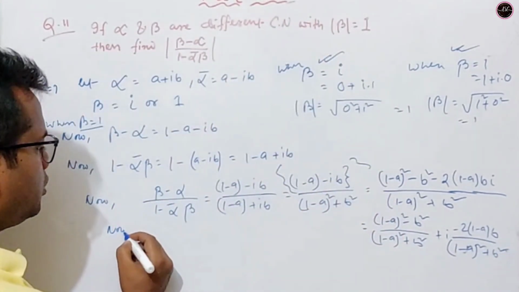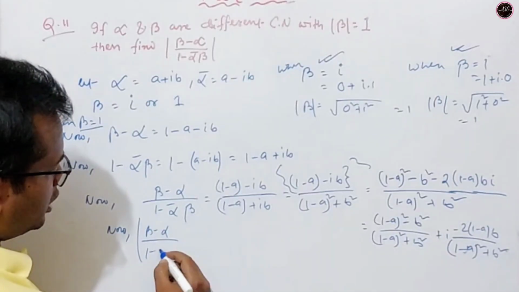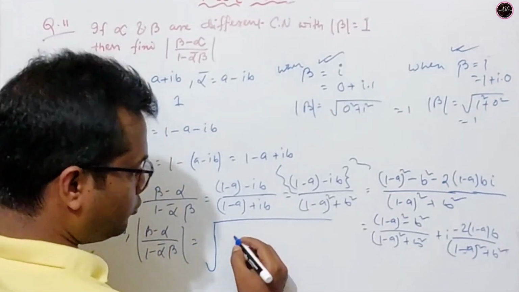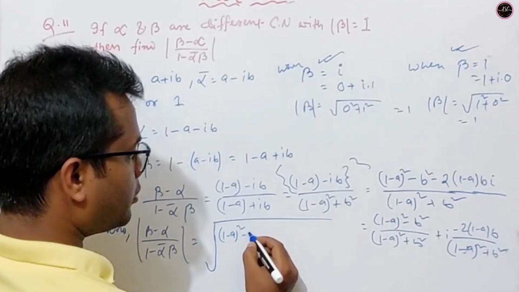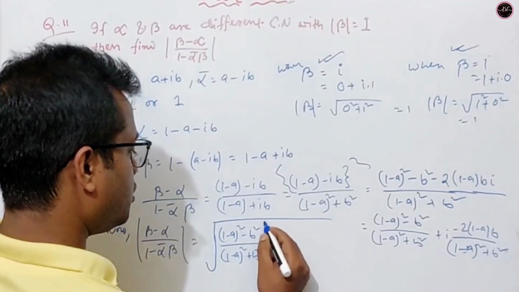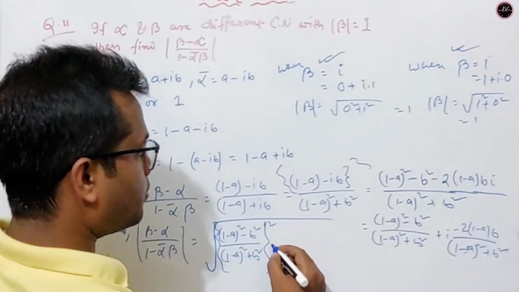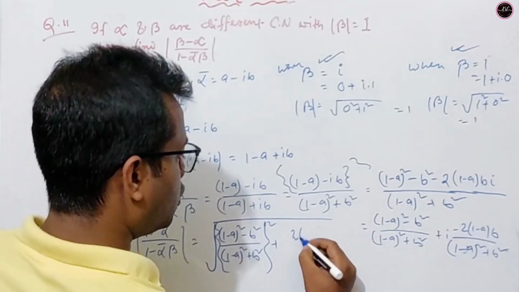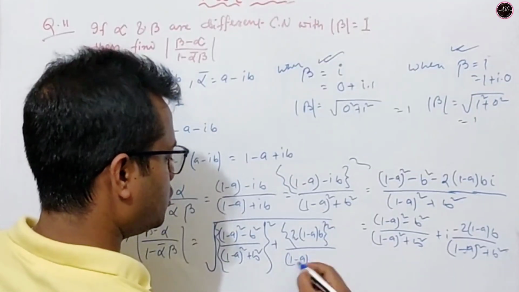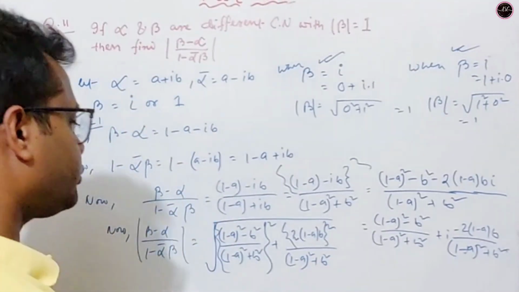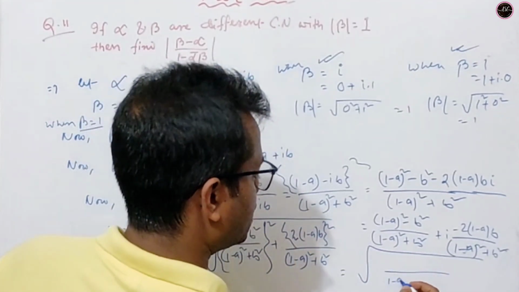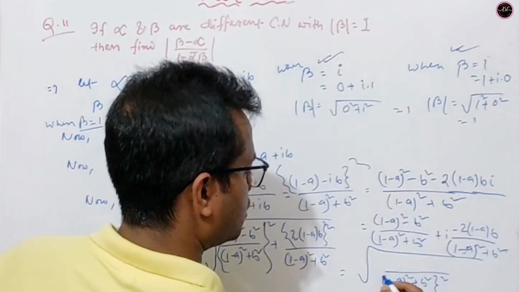Now the mod of (beta minus alpha) divided by (1 minus alpha bar beta) equal to the square root of [((1 minus a) whole square minus b square) divided by ((1 minus a) whole square plus b square)] whole square, plus [2(1 minus a) b divided by ((1 minus a) whole square plus b square)] whole square. Just solve this, we get ((1 minus a) whole square plus b square) whole square in total.